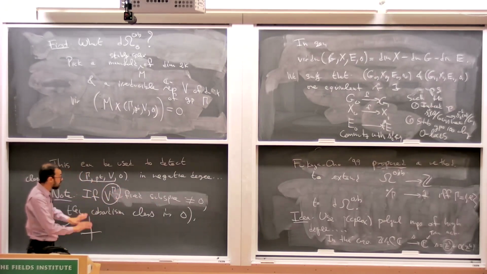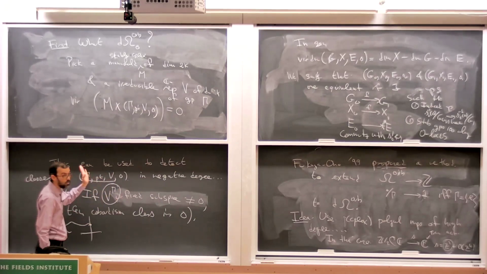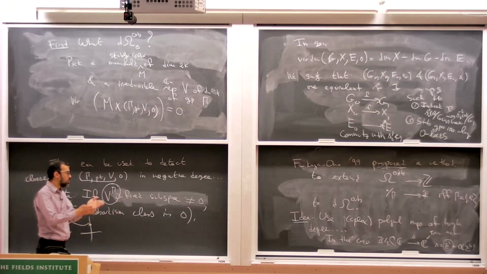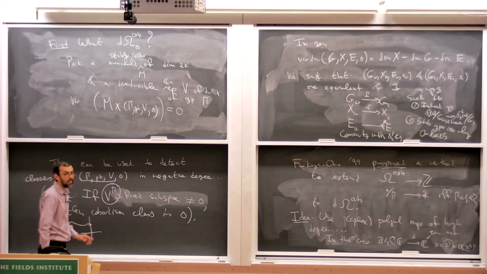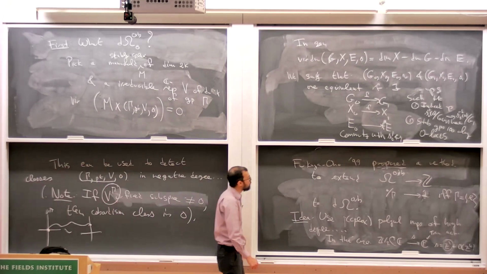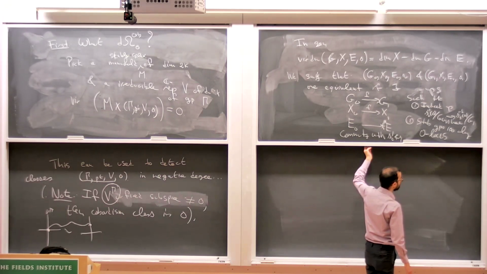But if there's no fixed subspace, like for example, if you take the non-trivial representation of the cyclic group of rank 1, you can just see that you get some class in degree -1. Okay, so these classes we know to be non-zero, and that's essentially all that I know.